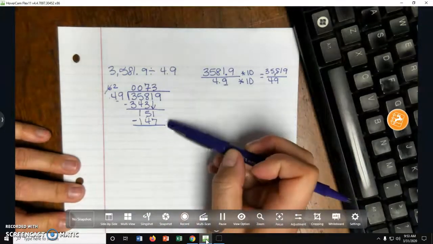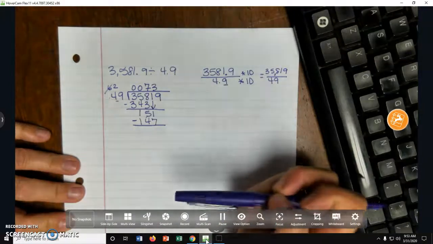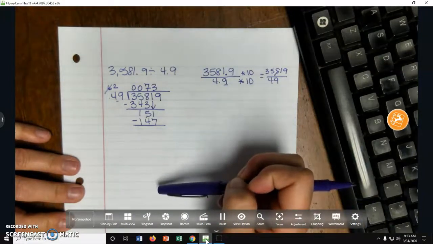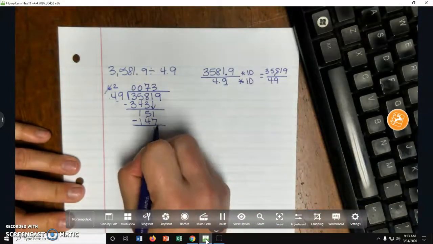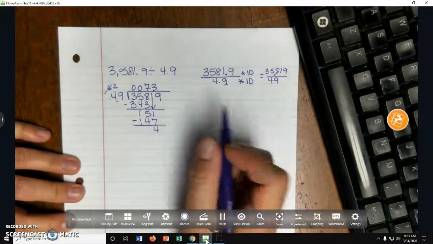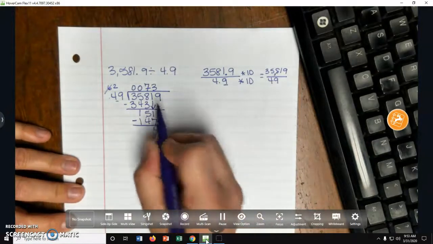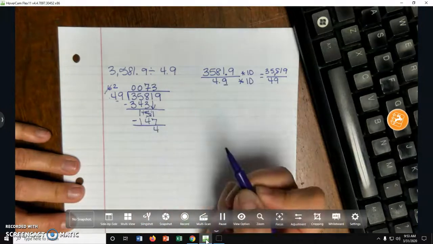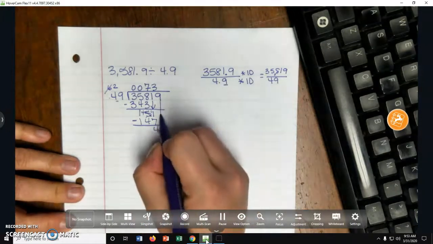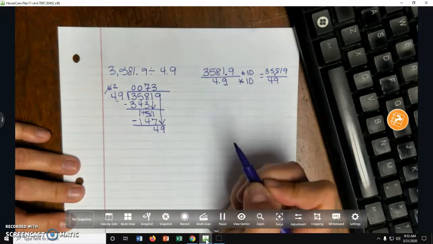We're really just asking how far apart are these on the number line? 147 to 151 is 4 away. Again, if you need to use the standard algorithm and rename these units, absolutely, not a problem. Then we're going to drop down that 9.